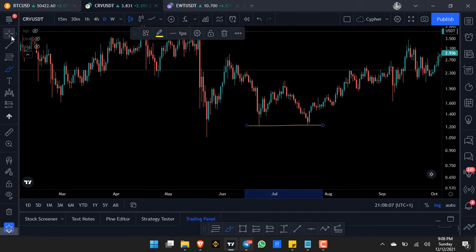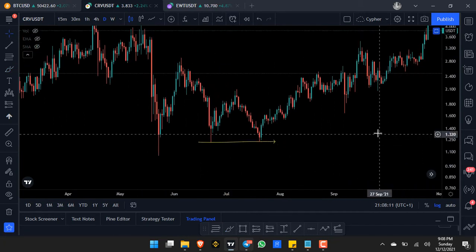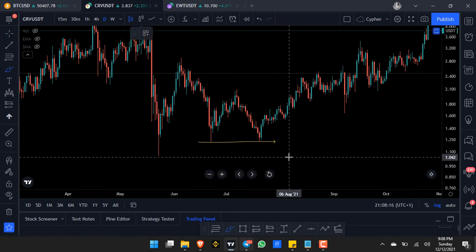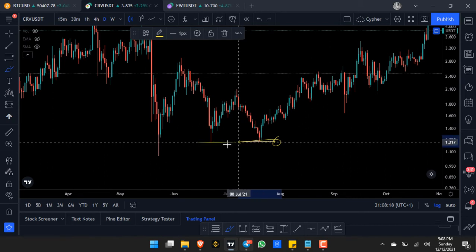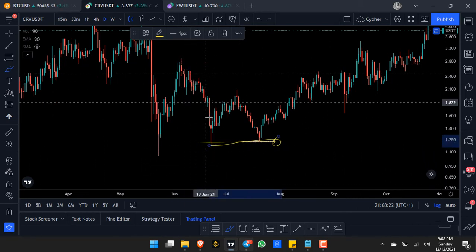Now going by the explanation I gave before, I said that when a bird flies and gets tired, it will need to perch on a tree. Now this here can be considered as your tree. This line I drew here can be considered as the tree, right? This price action here can be considered as the bird.